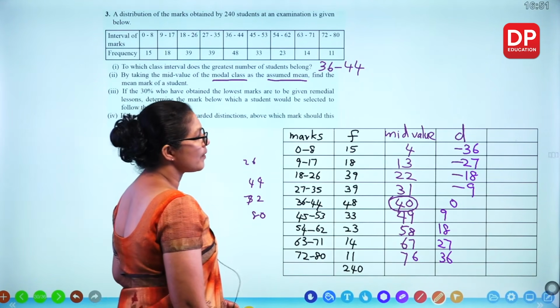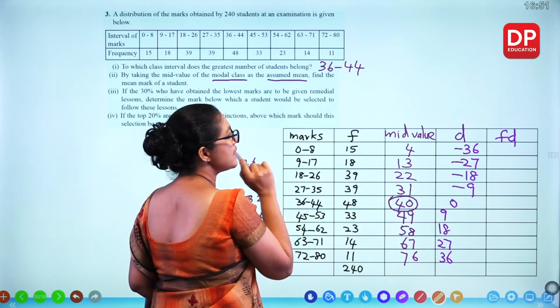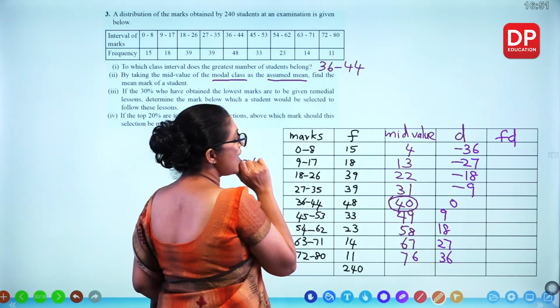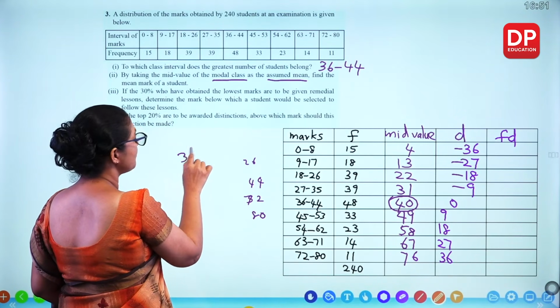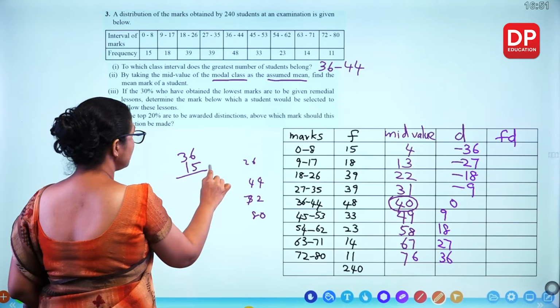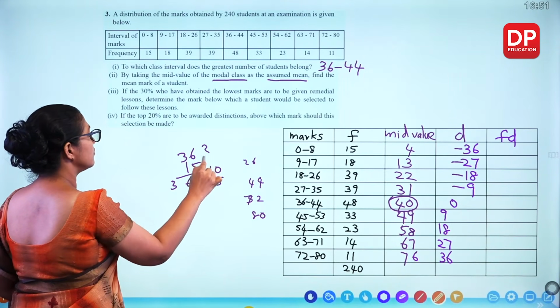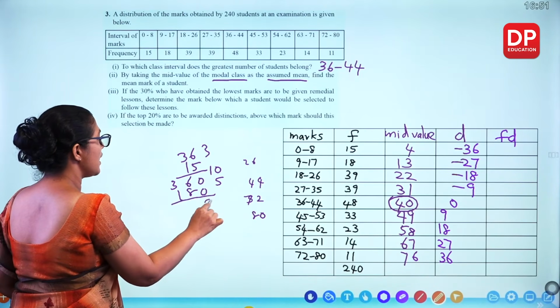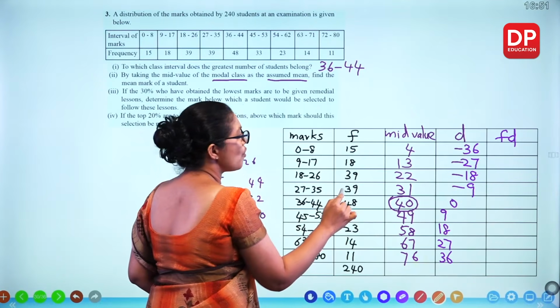Now calculate the FD value. Multiply F and D. 36 times 15, you get 540.